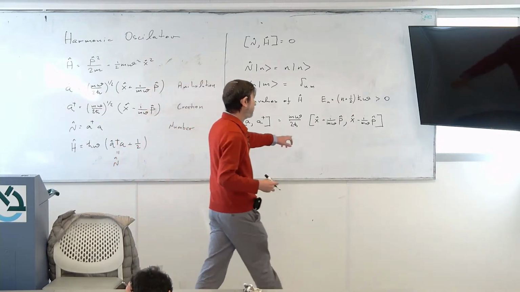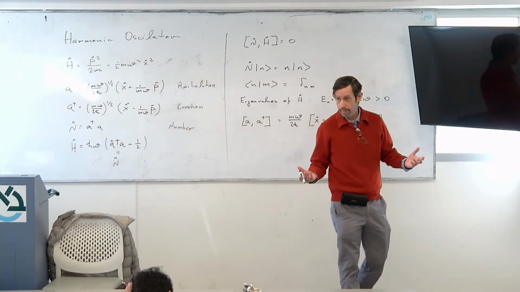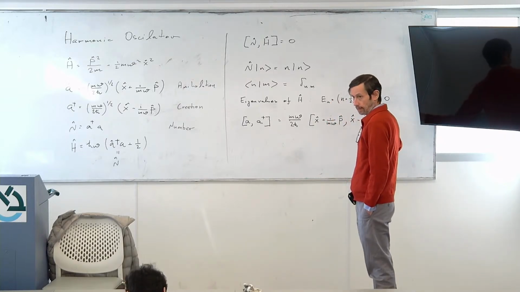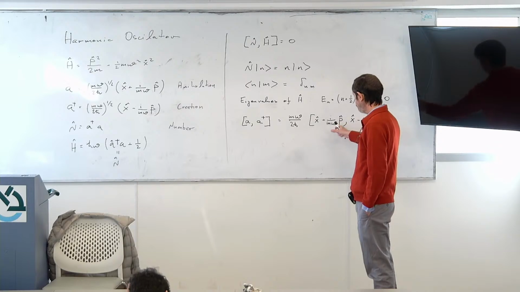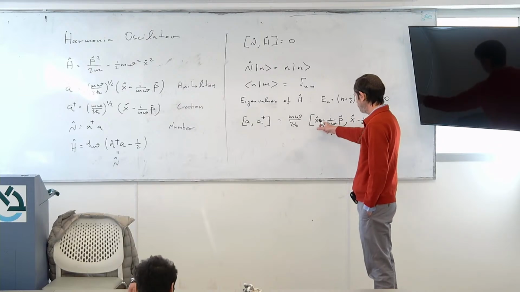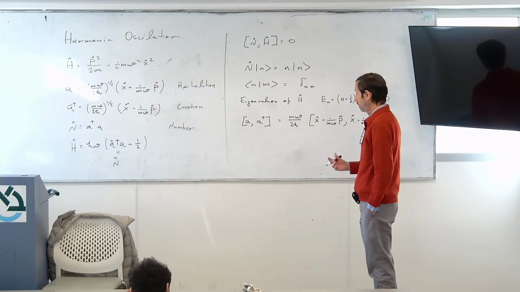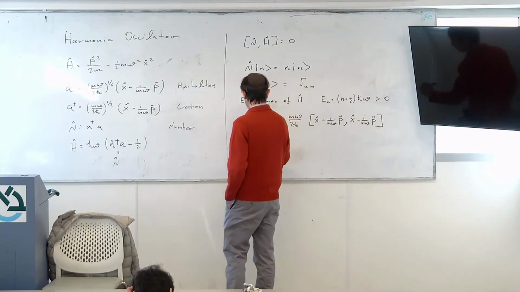Okay, so I have here four pairs of commutation relations. Between x and x, it's 0. Between p and p, again 0. And here I have two commutation relations between x and p that are not 0. Let's write them down.